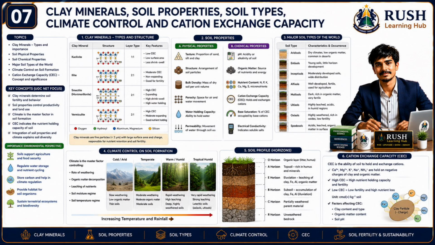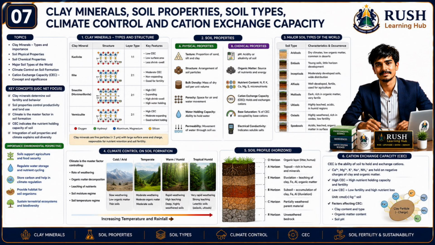Vermiculite is another 2:1 type clay mineral with high cation exchange capacity and excellent nutrient retention properties. Among these minerals, montmorillonite possesses the highest swelling capacity and one of the highest cation exchange capacities.